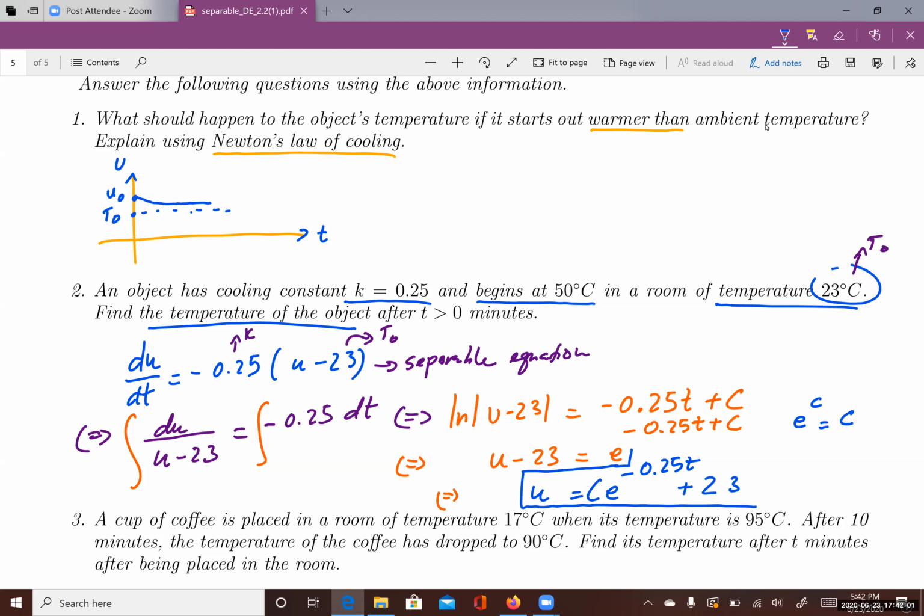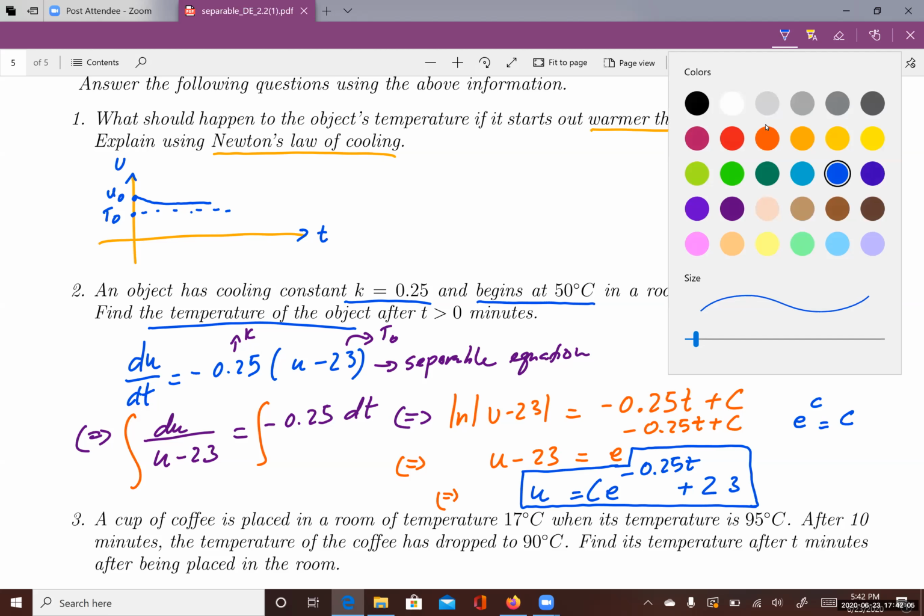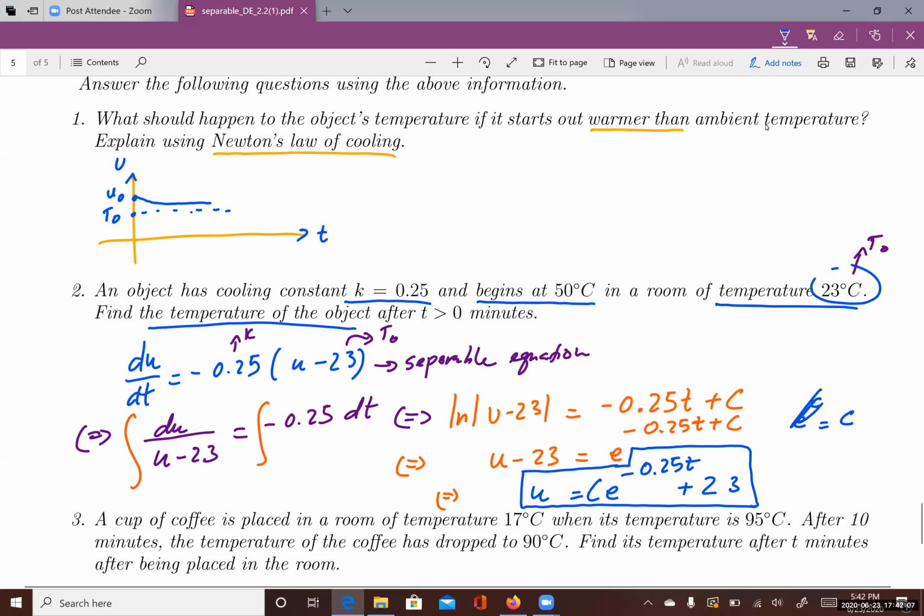So this is my u equation, right? The U function that measures the temperature of this object in terms of t. And the unit for t is minutes and the unit for U is degrees Celsius.